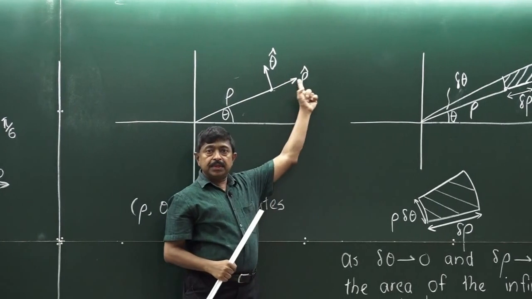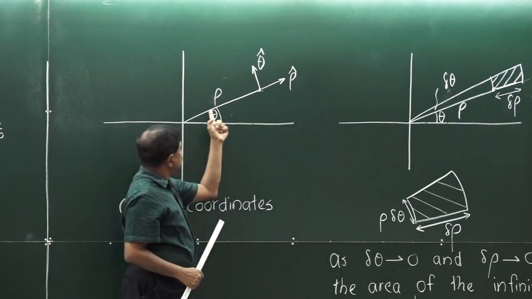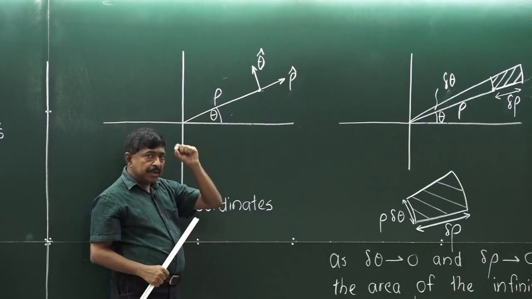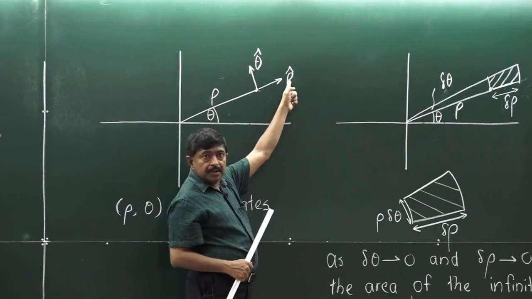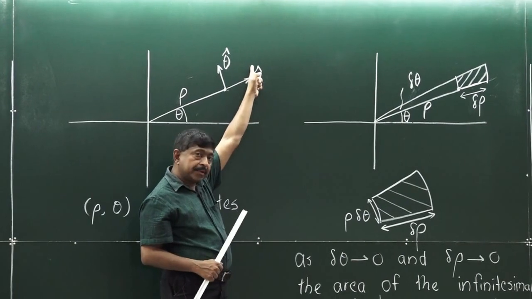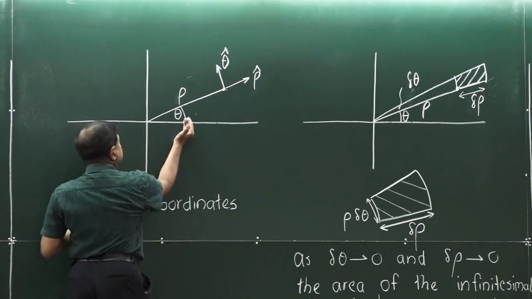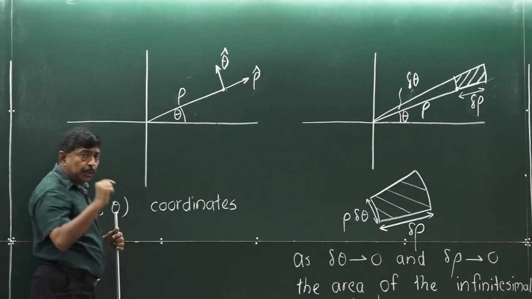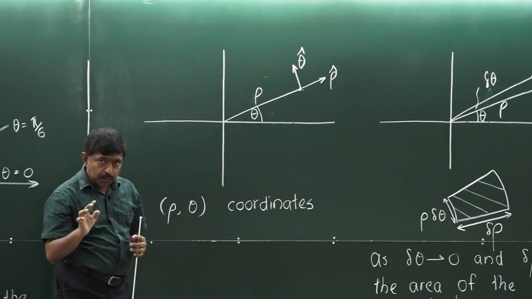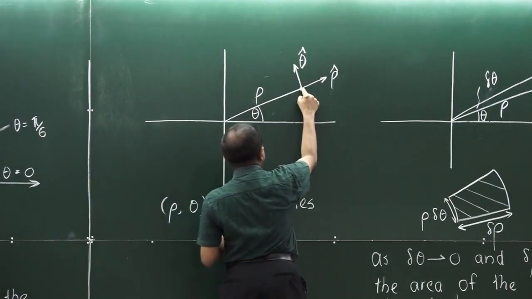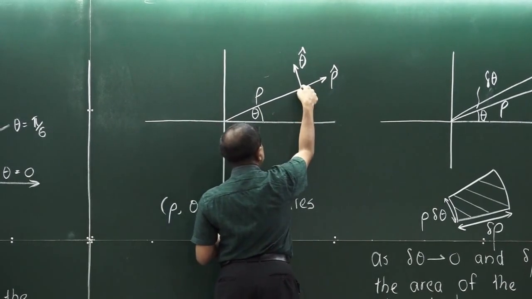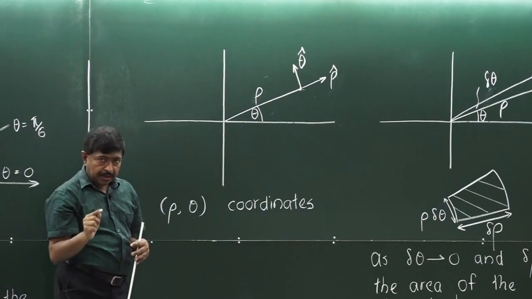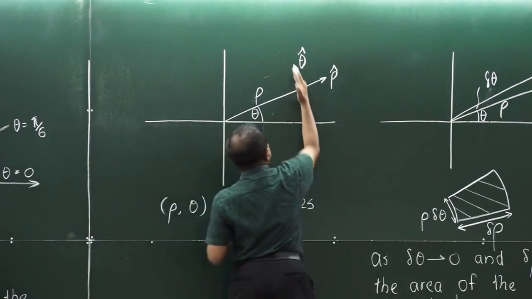The direction which increases rho, and the unit vector along this direction, is denoted as rho hat. Similarly, this is theta. Without changing the value of rho, that is, without changing the distance from the origin to this point, if you want to increase theta, you have to move along this direction.